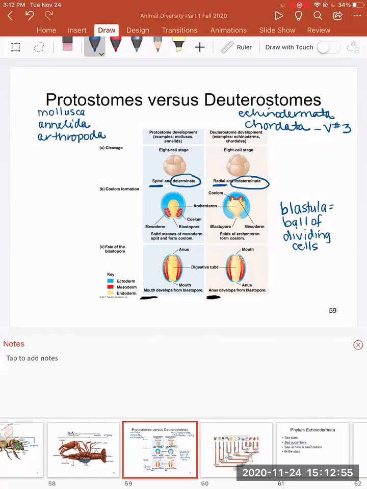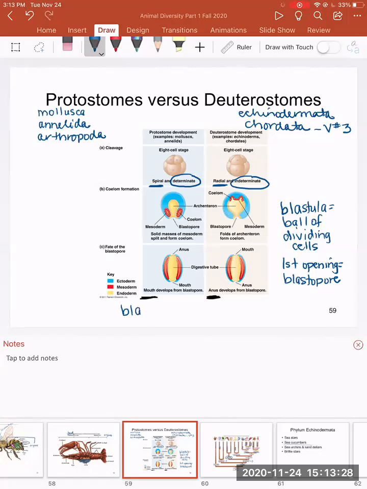Whether that first opening becomes the mouth or the anus is the other difference between the protostome development pattern and the deuterostome development pattern. That first opening is called the blastopore. In the protostomes, the blastopore becomes the mouth, and in the deuterostomes, the blastopore becomes the anus.